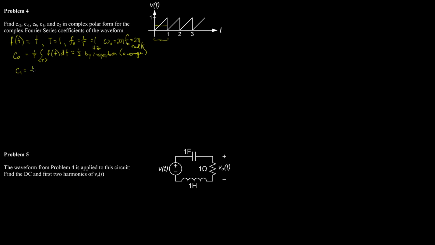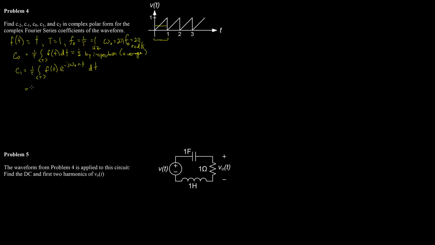Okay, so let's find the first complex Fourier coefficient. It's equal to 1 over T, this is the general formula, times the integral over any time period of the function times e to the minus j omega naught n t dt. So let's fill in the values.